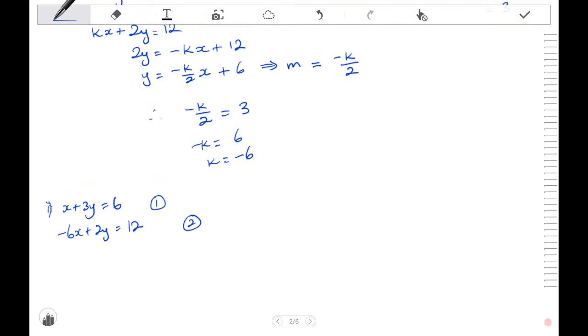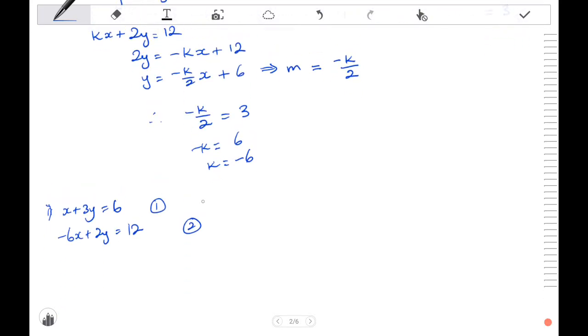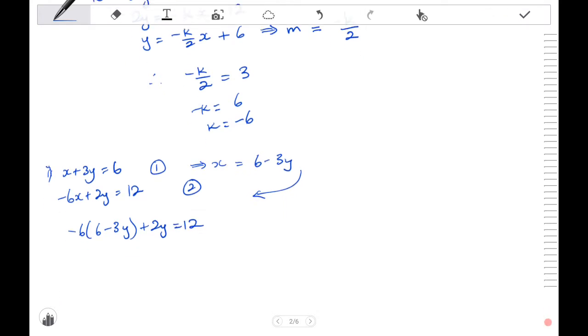To solve simultaneously, I like to use the substitution method. From equation 1, I know that x is equal to 6 minus 3y. Substituting that into equation 2: minus 6 times 6 minus 3y plus 2y equals 12.